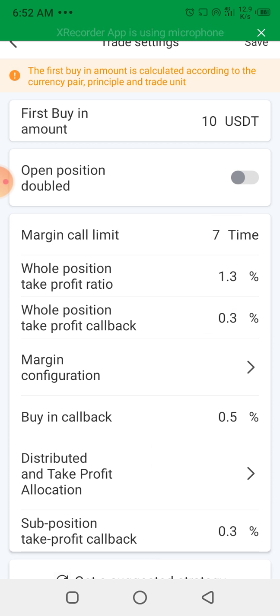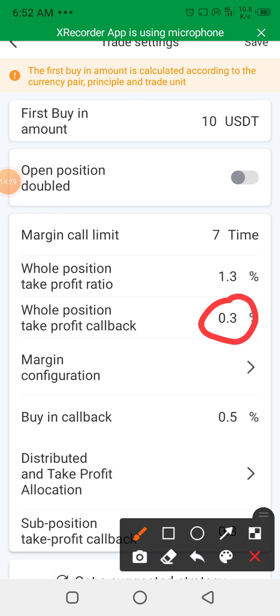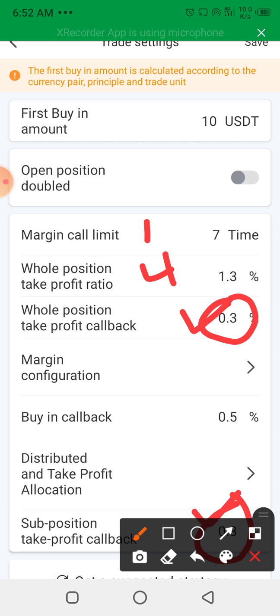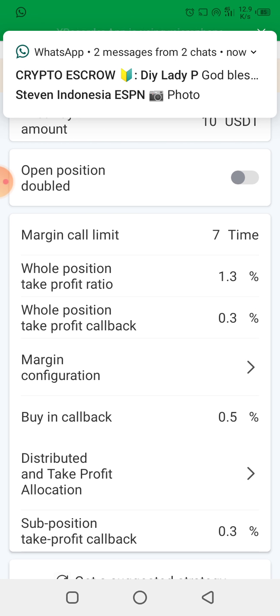All right, so this one and this one here does the same function. This one controls 1 to 4 levels or deep or callback, while this one here controls from 5 to the highest level or the highest deep you have set. Okay.